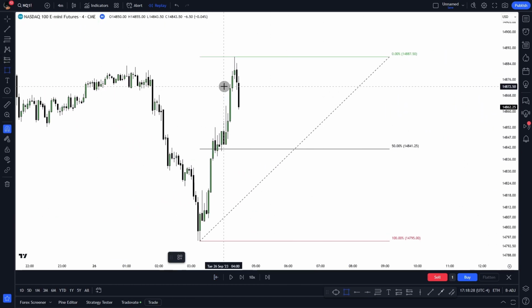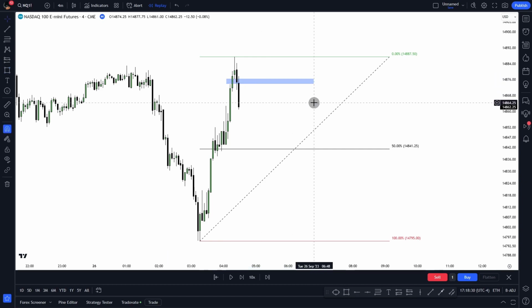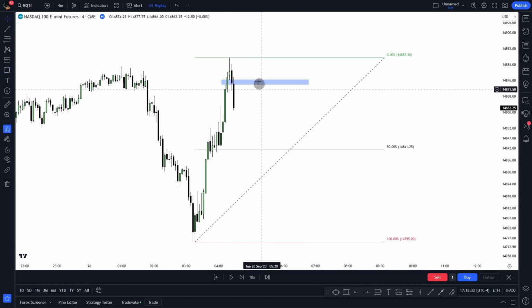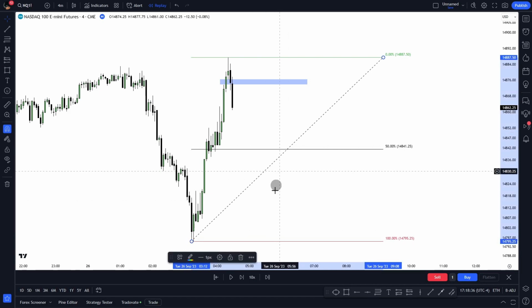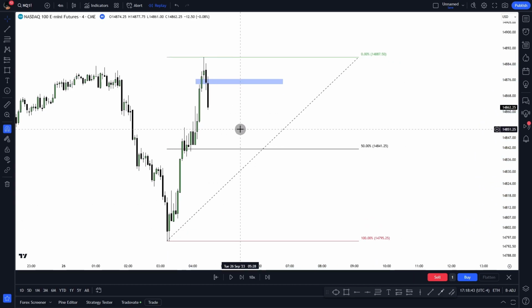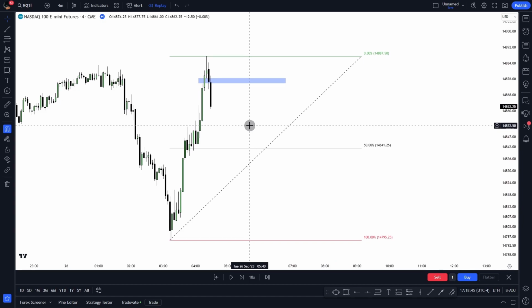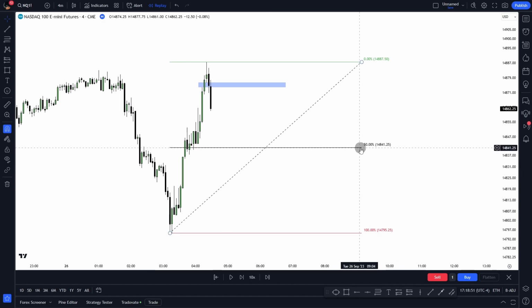Maybe I wanted to take this inverse fair value gap right here, right? So I'm going to draw my fib from down here all the way up here, because this is the lowest point of the range and this is the highest point of the range, right? So it's important to draw it correctly. Otherwise, it is not going to be correct.